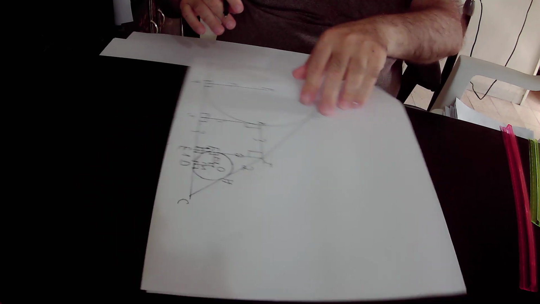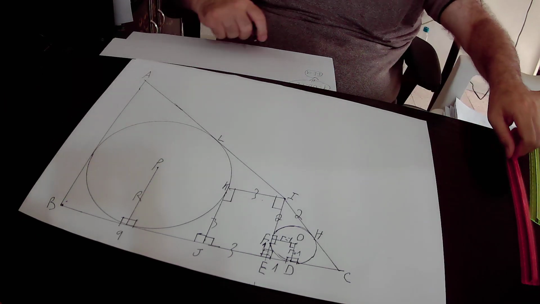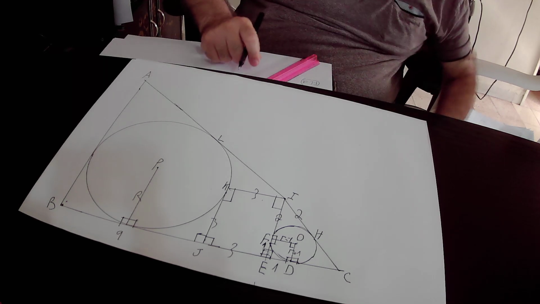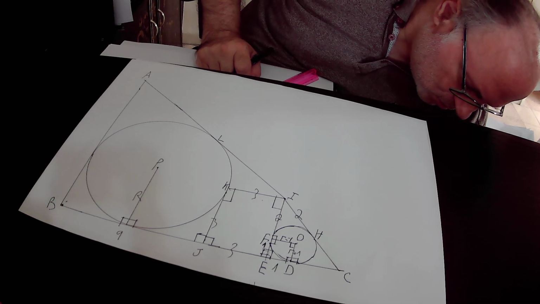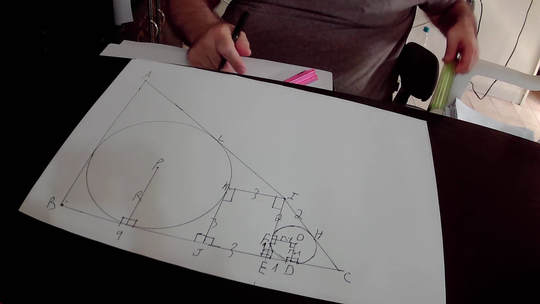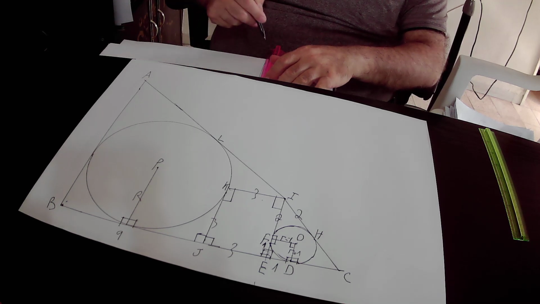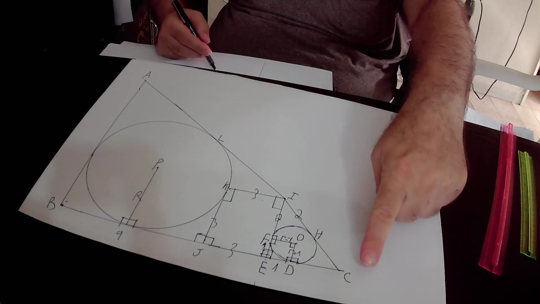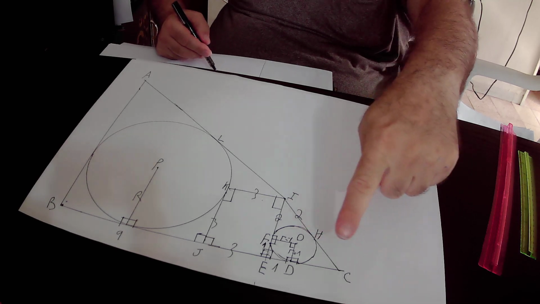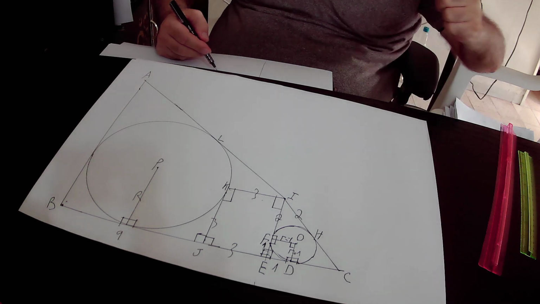Likewise, we'll focus on the common external point C. From the common external point C, we have two tangents to this circle, tangent CD and tangent CH.